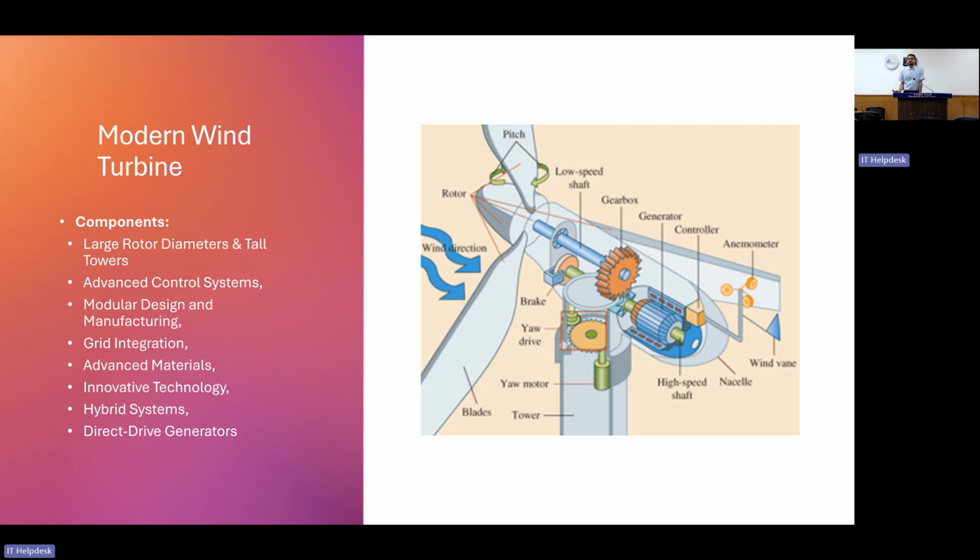Now coming to the modern wind turbines, I have already discussed the components. Mostly the modern wind turbines consist of large rotor diameters and tall towers, and highly advanced control systems. They are also designed with modular systems, so that when any part gets damaged during operational hours, the whole installation is not required to be replaced.